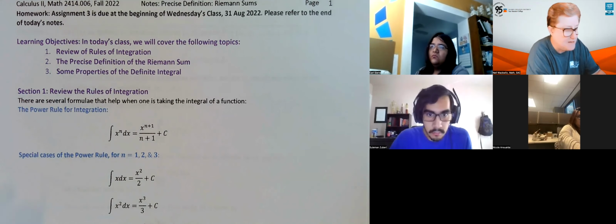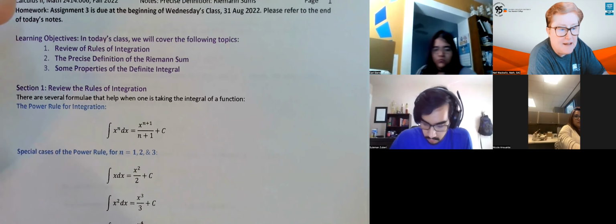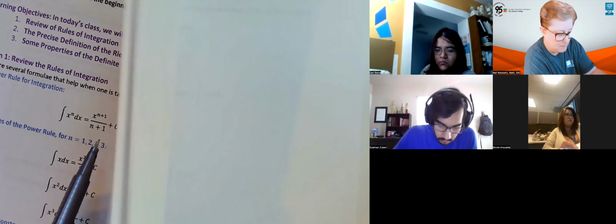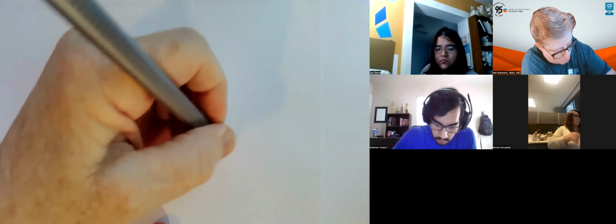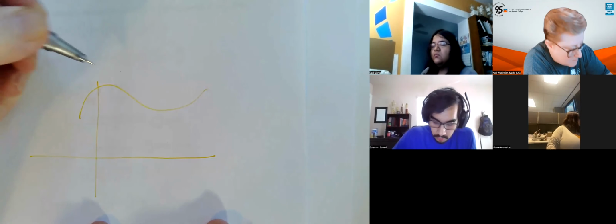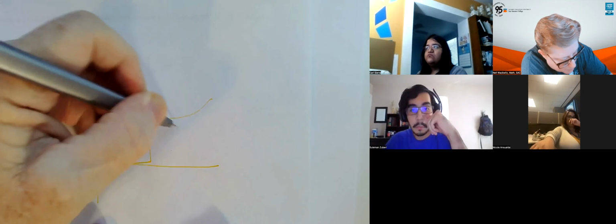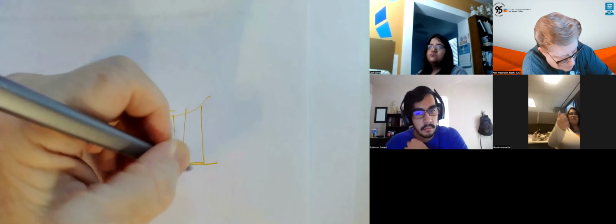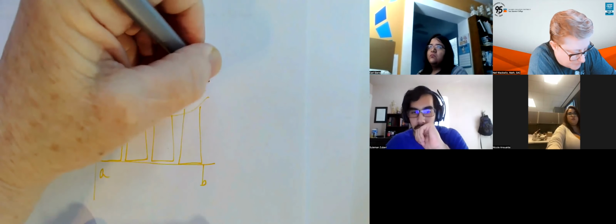So we're picking up basically where we left off last time. We were looking at the Riemann sum. We were taking sums of rectangles that were approximating the area between a and b for some function f of x.